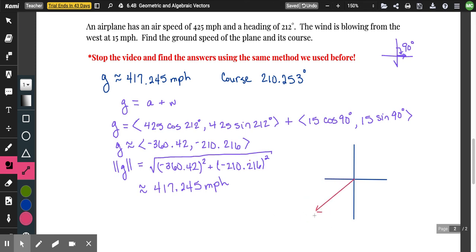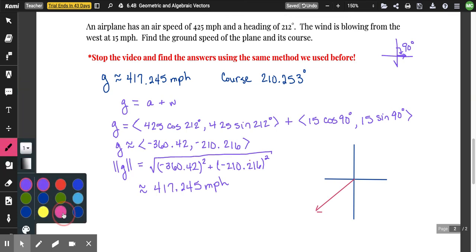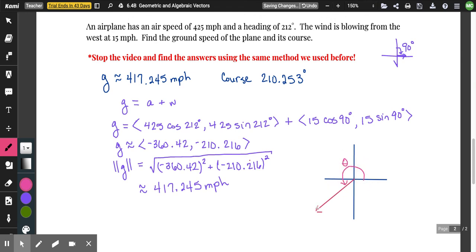The magnitude of that would be 417, but that doesn't really matter too terribly much right now. Okay, the angle that I'm looking for now would be this angle right here in standard position. I'm going to call it theta. And the way I'm going to go about finding that is I'm going to draw in a right triangle here. It kind of fell off my grid. Oops. Okay.